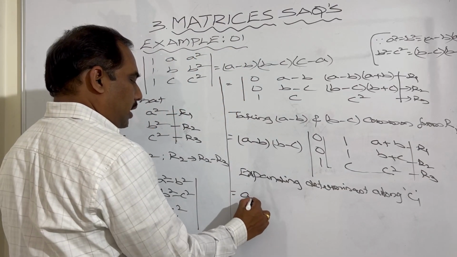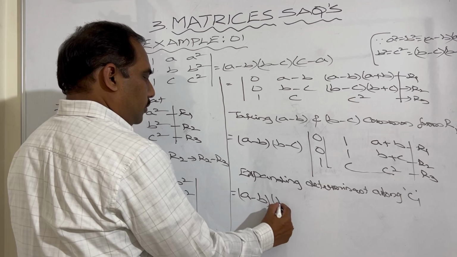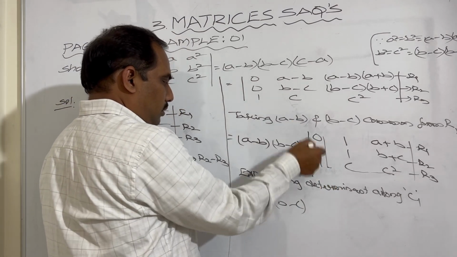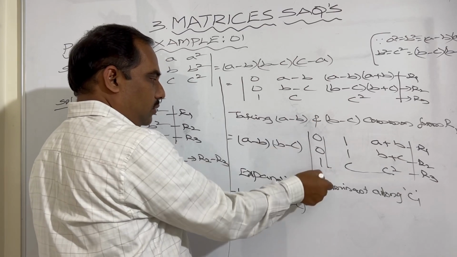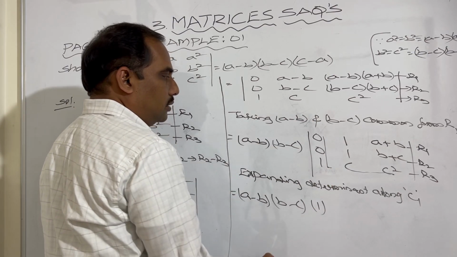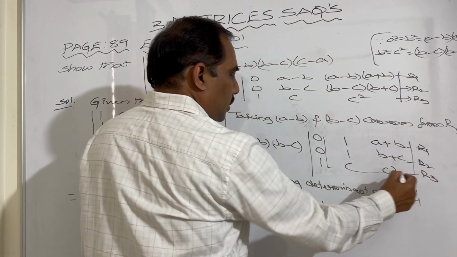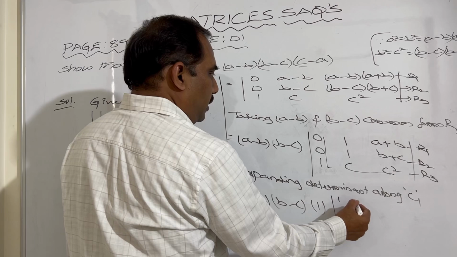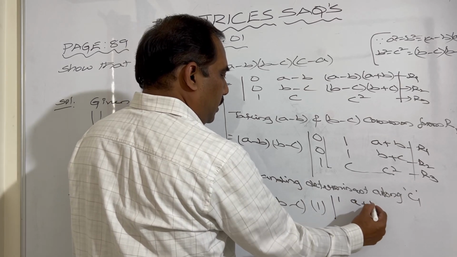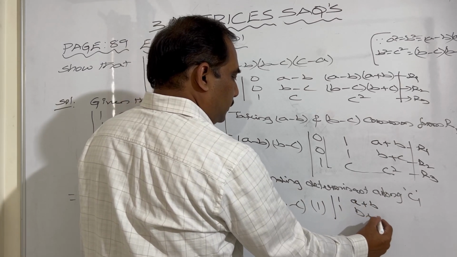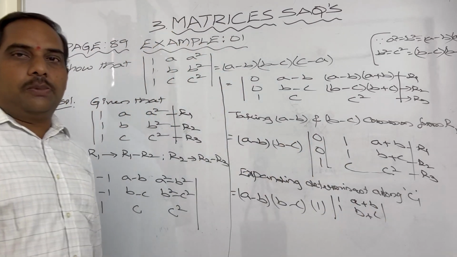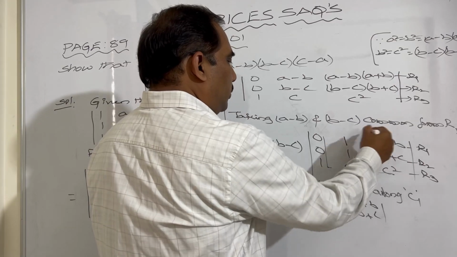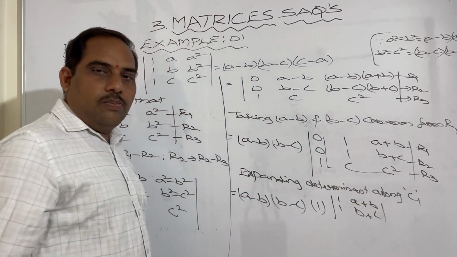So we get a minus b into b minus c into, along C1, the last element is 1. Deleting its row and column, we get the determinant of [1, a plus b; 1, b plus c]. Along C1 we get 1 into the 2 by 2 matrix [1, a plus b; 1, b plus c].